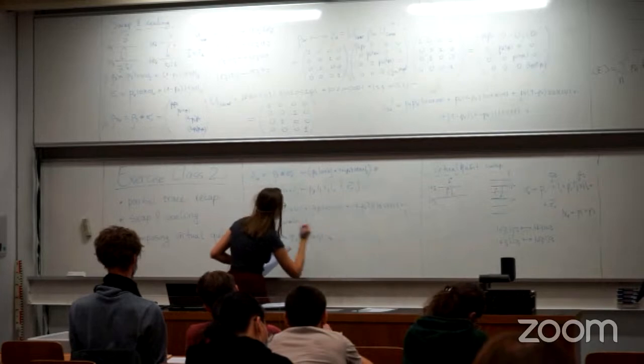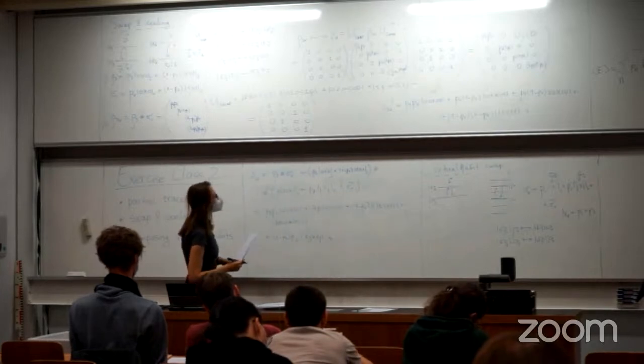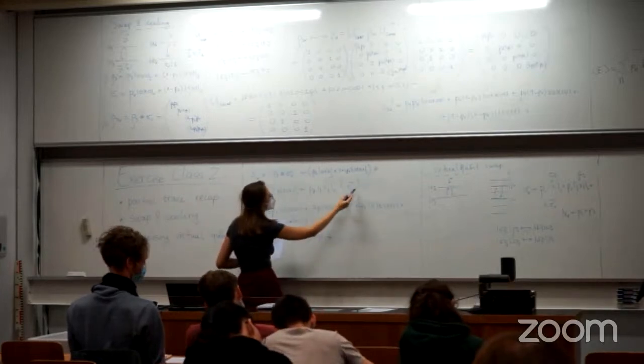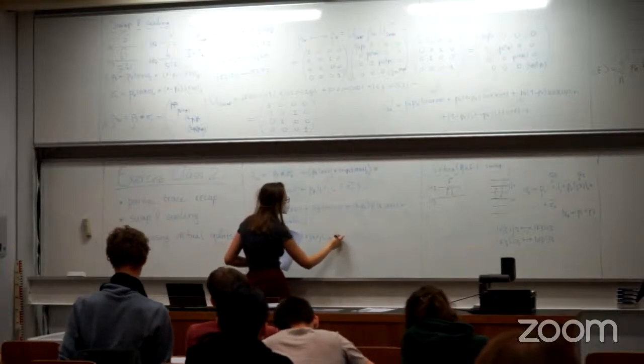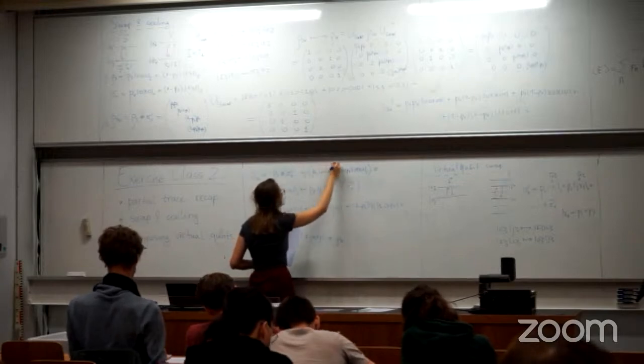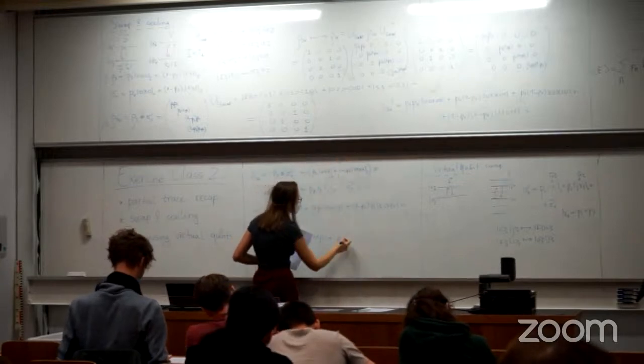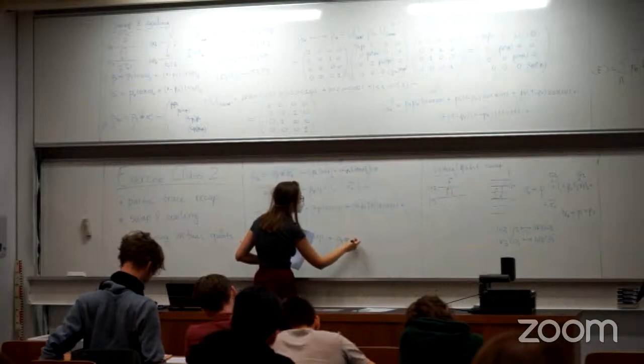Plus, we still have the term. For the sake of writing the multiplication with this term, I just write it as rho S. So this is rho S, tensor product sigma V tilde.